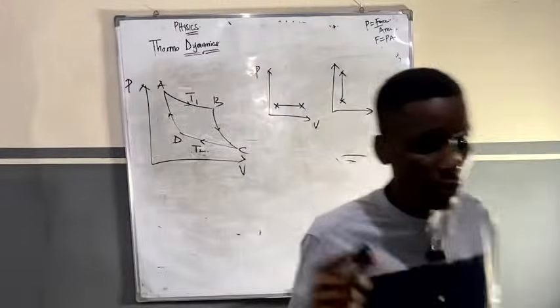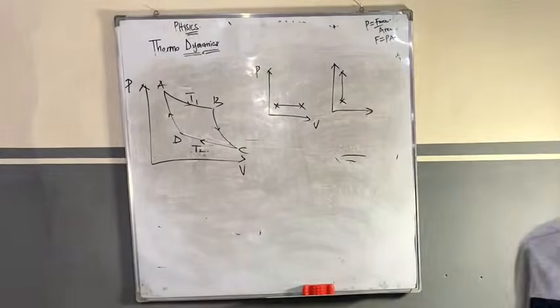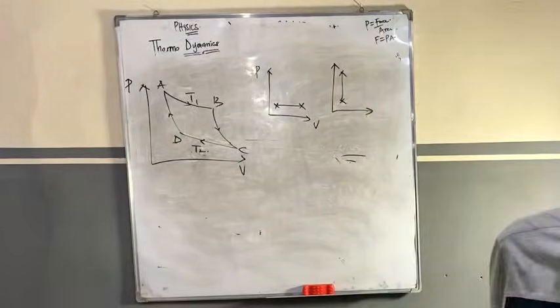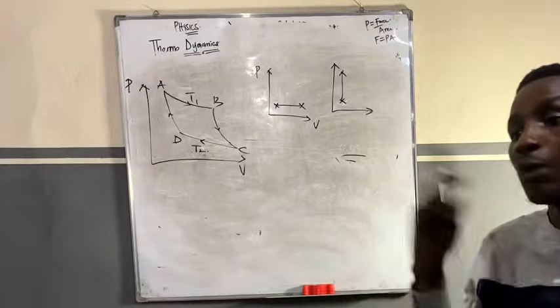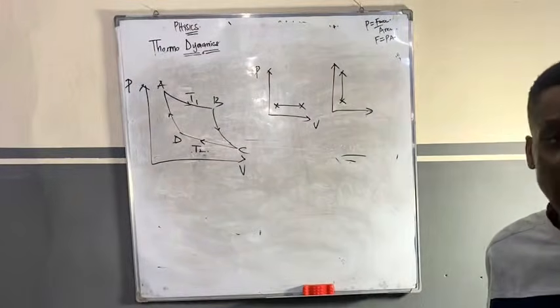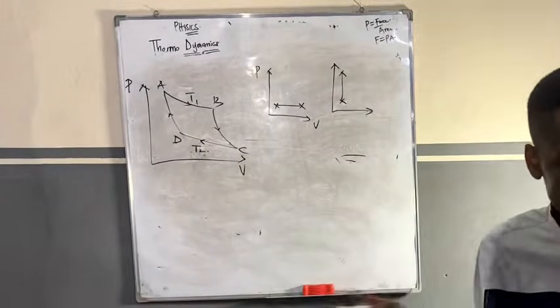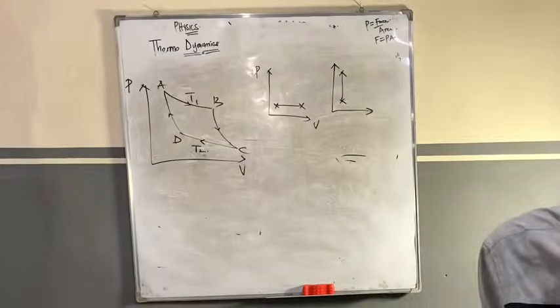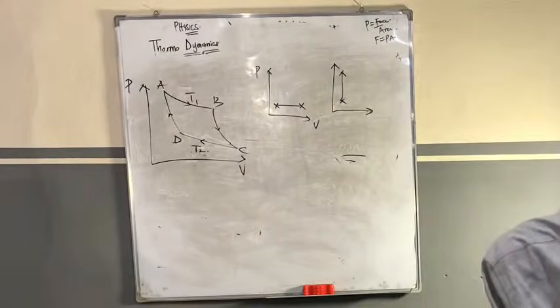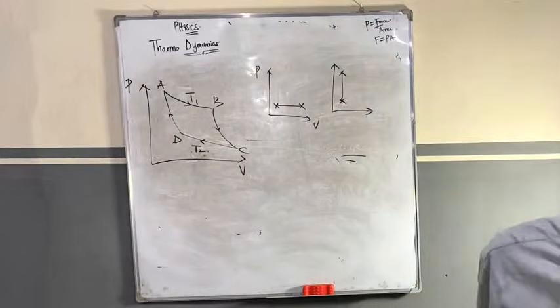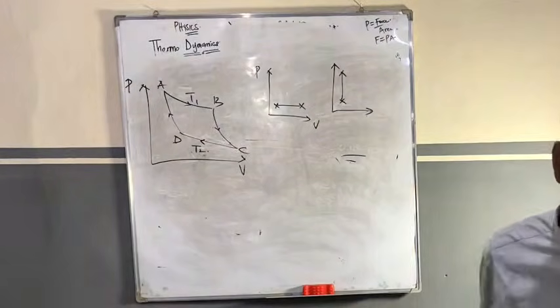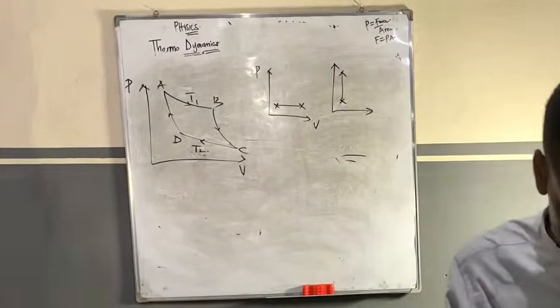When you look at the Carnot cycle, you observe that we'll have a cycle. Whenever you say a cycle, you can begin anywhere and stop anywhere. You know what a cycle means now? You can start anywhere and stop anywhere. So you have adiabatic expansion.